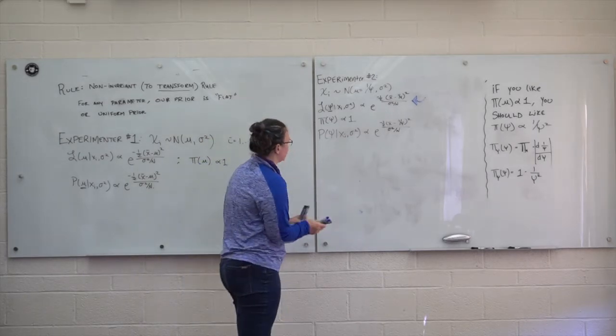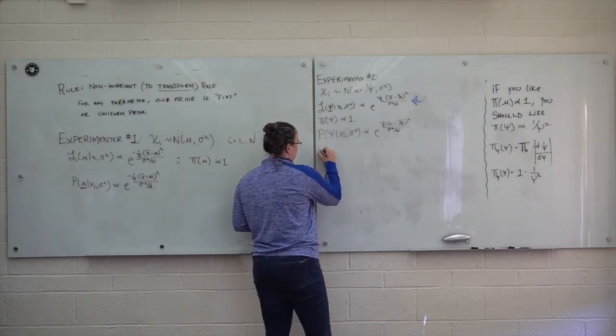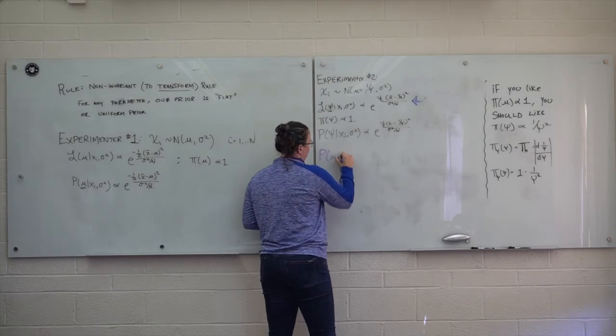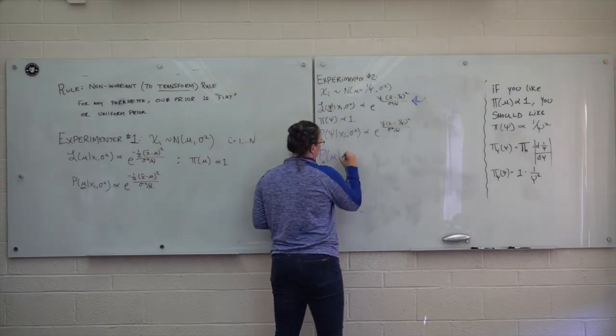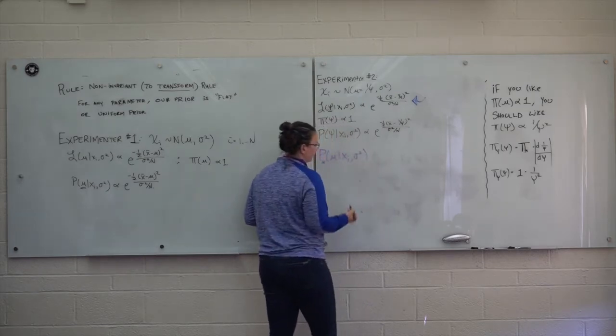So let's do this transform. We want the posterior of mu given our data, sigma squared.